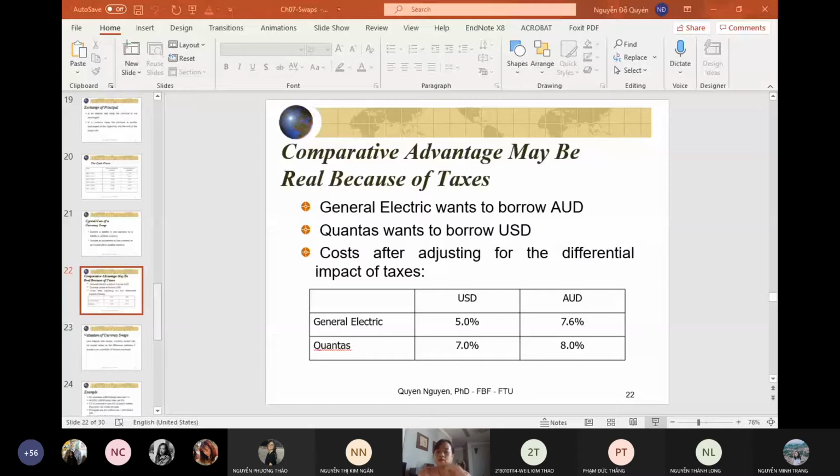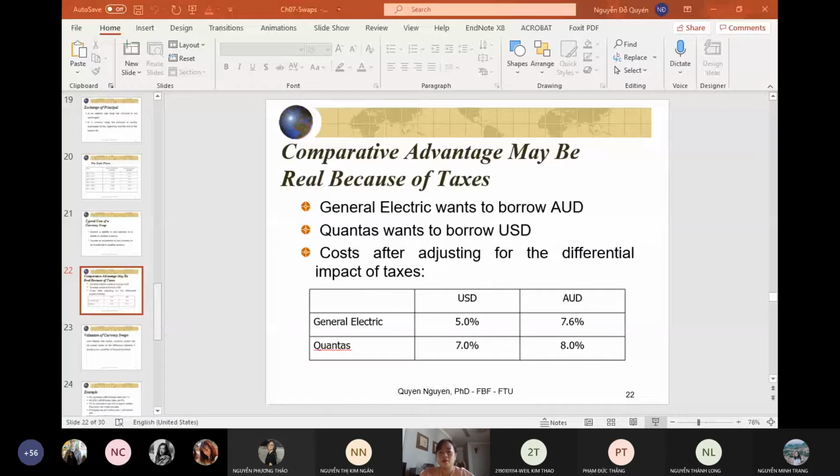So if we make use of this comparative advantage of 0.7% after we have already deducted the commission for the financial institution, then this 0.7% would be allocated into the Australian dollars rate and the US dollars rate to end up with what GE and Qantas want.